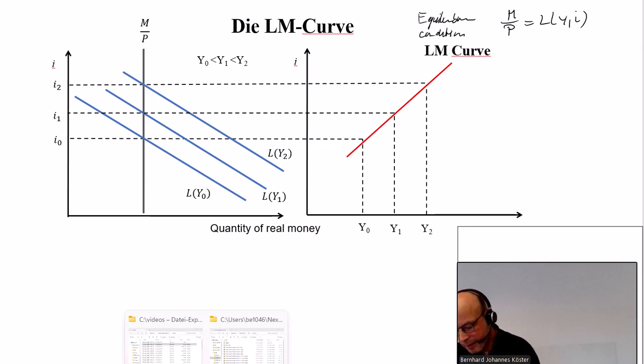Given some income level y0, this is our starting point. Then we go to the money market, and within the interest rate money amount diagram, we know here is a negative dependence.